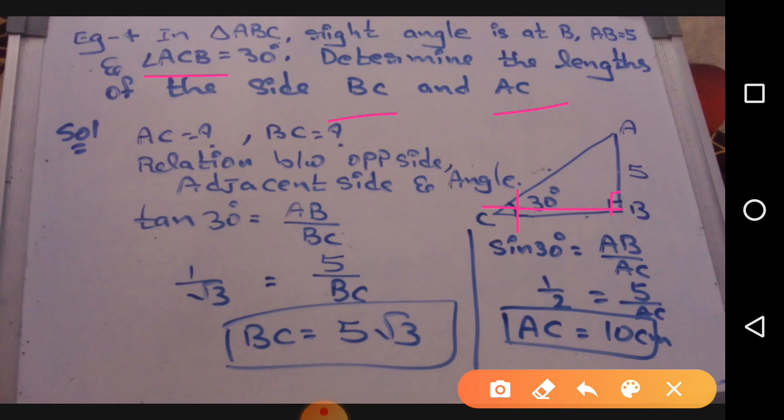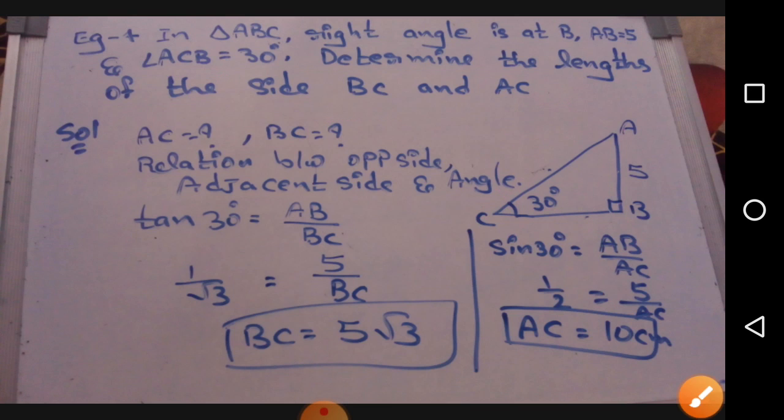Thus, what is the data which is given? Angle C is given, the AB side is given, and we are asked about BC and AC.